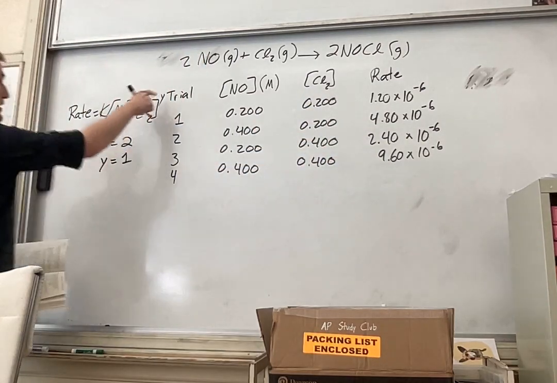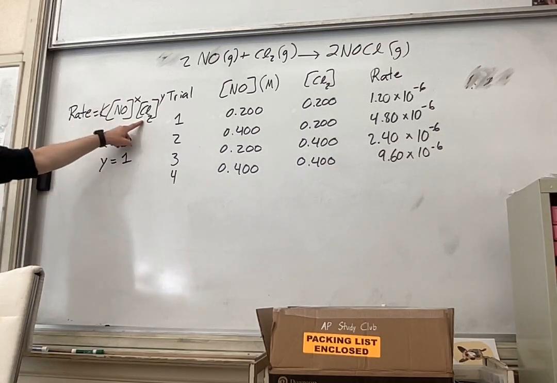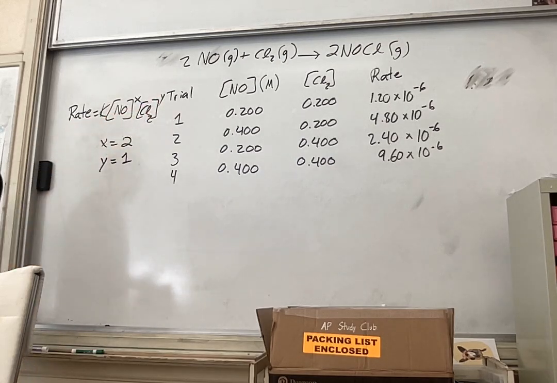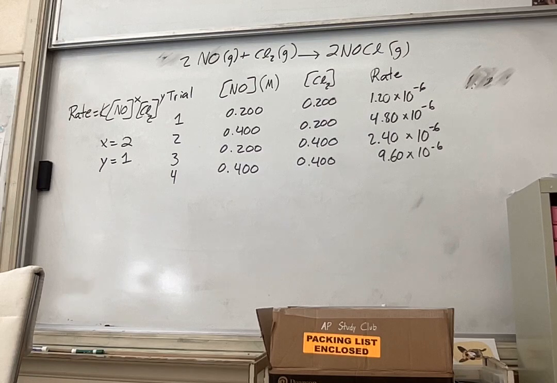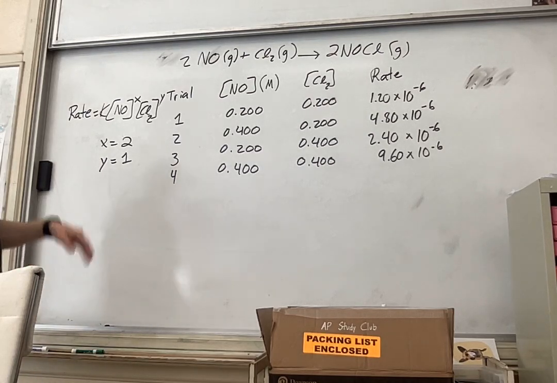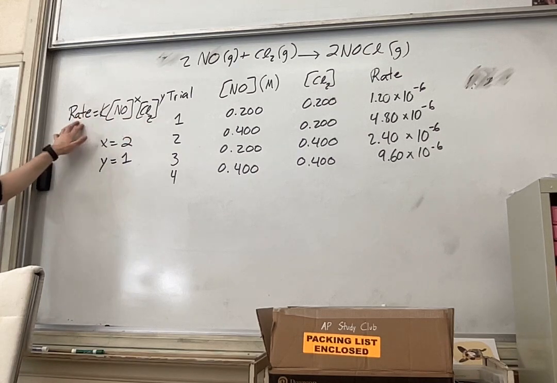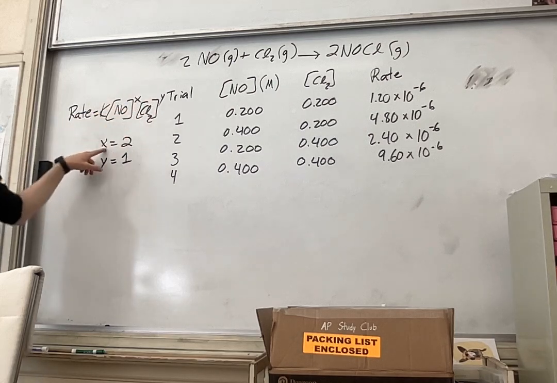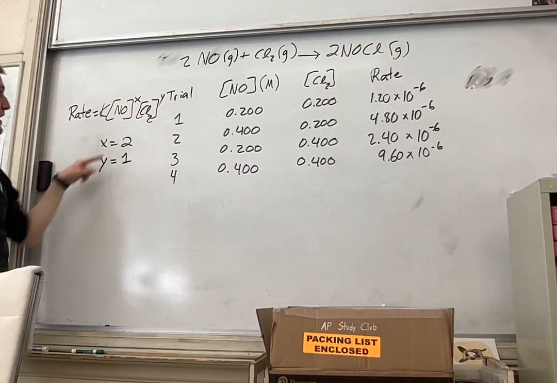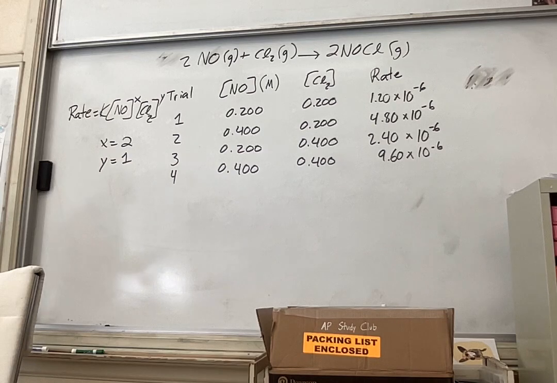Y equals 1. Whenever this value doubles, the rate doubles, so it's just raised to the first power. So you're comparing the change in concentration to the change in rate. I want to know how changing the concentration affects the rate, and we said that's the order. X is the order with respect to NO, Y is the order with respect to Cl2.